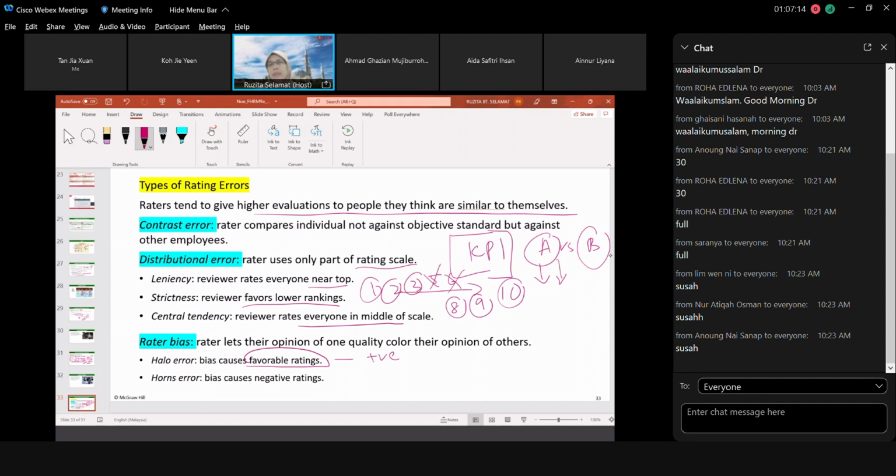Right? Mungkin masa interview, okay, bukan interview lah, let's say mungkin you are the one yang sama pernah graduate sama college dengan you punya boss.